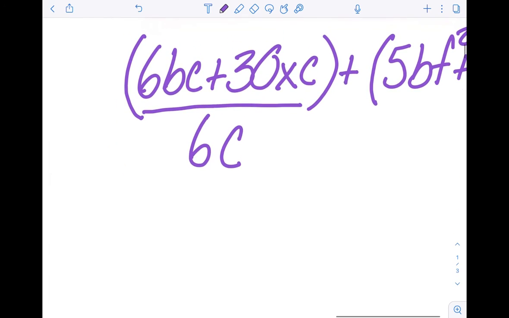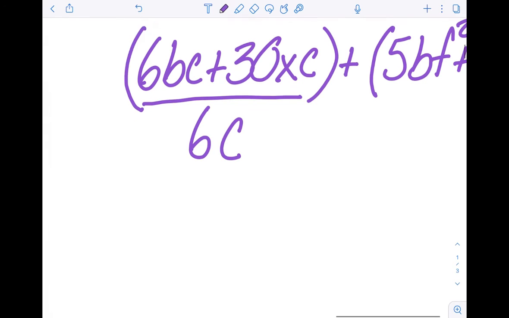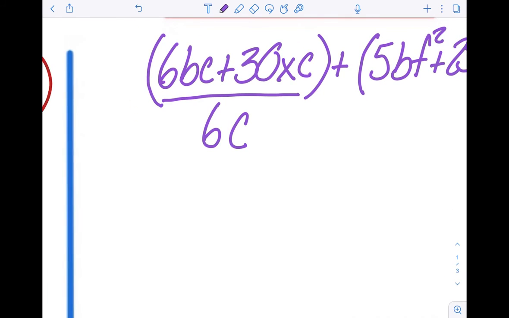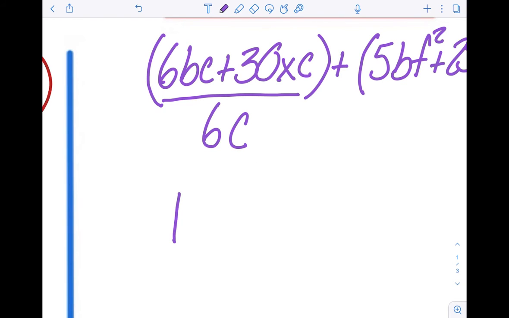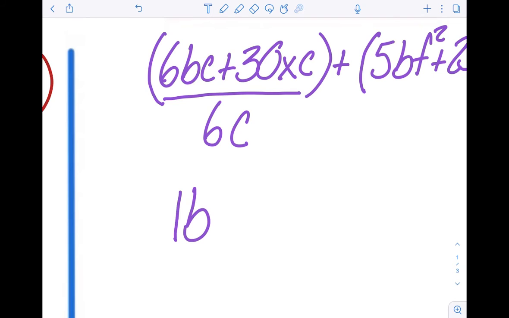So, when I divide, 6 divided by 6 is 1. And I bring down my B, and my C's cancel out, so I'm left with just 1B. Plus 30 divided by 6 is 5.